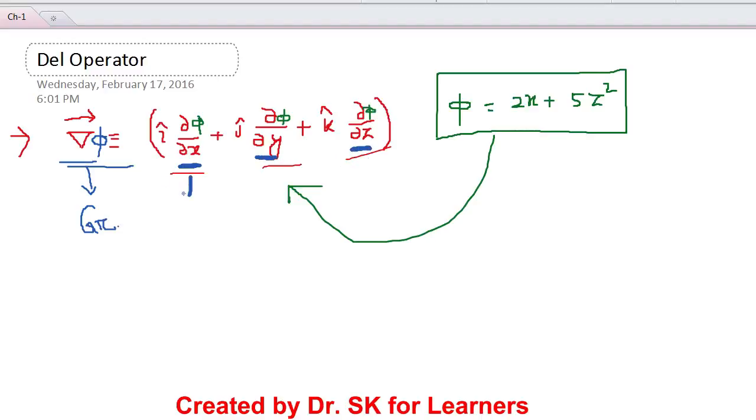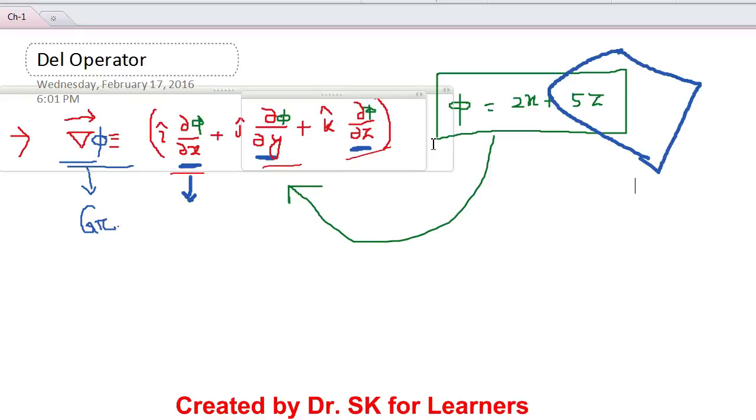So for this operation, all the components which don't have... I can write it as z for easier understanding. I'll show you how higher powers are used in the later class. So when you are operating del by del x, all the components that don't have x will vanish.